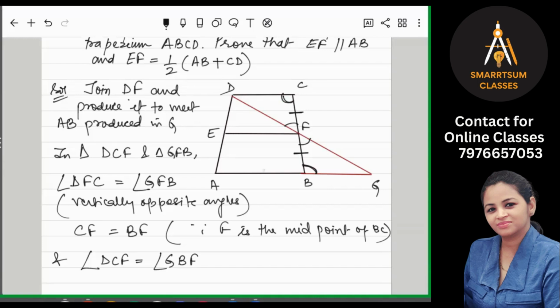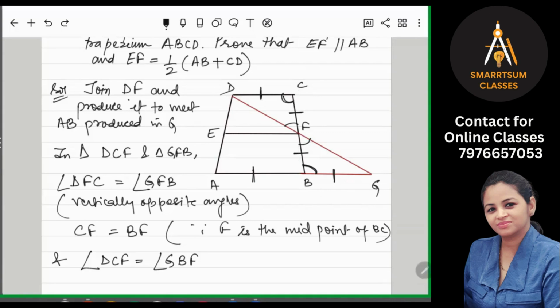We know that AB and CD are the parallel sides of the trapezium, and since we have produced AB to G, BG will also be parallel to CD. And since they are parallel, BC behaves as the transversal between these two parallel lines CD and BG, and so these two angles are alternate interior angles, and they will be equal.